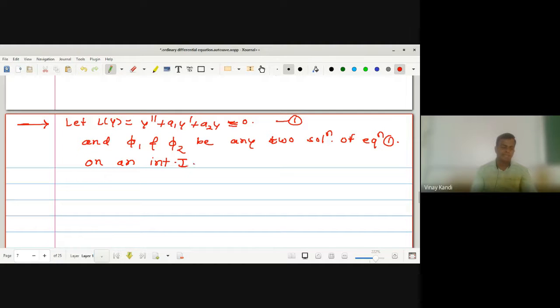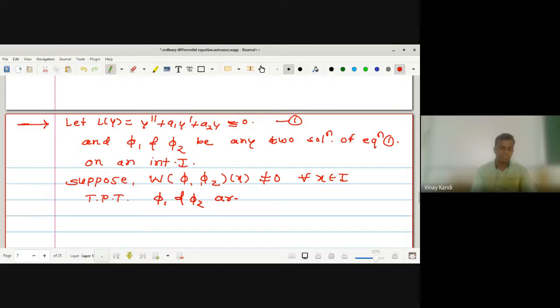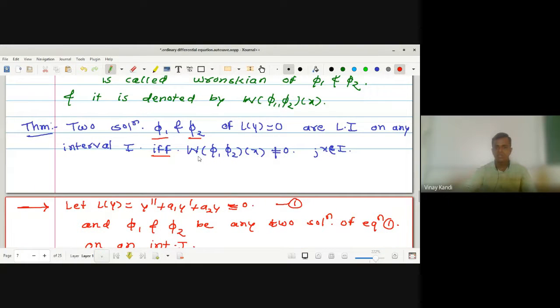Now assume the first statement is correct. What is the first statement? The Wronskian of phi 1 and phi 2 of x is not equal to 0 for all x belongs to I. Now to prove the first part of this theorem, that phi 1 and phi 2 are linearly independent on I, we are assuming the Wronskian is not equal to 0, and we are going to prove phi 1 and phi 2 are linearly independent.